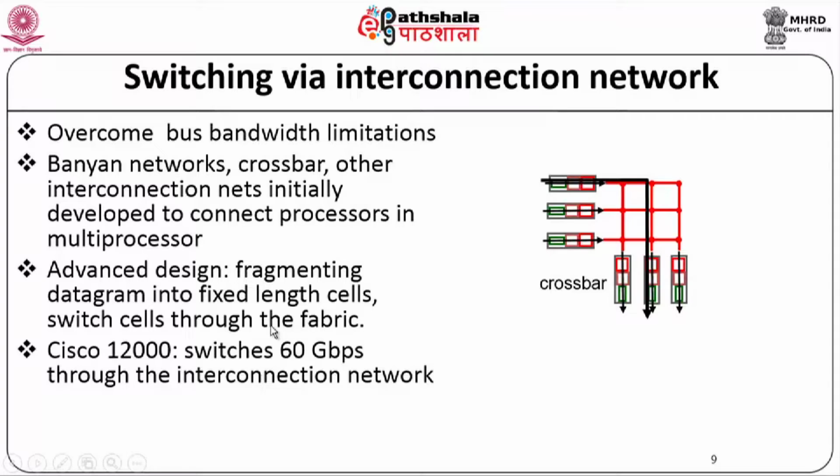So, sometimes in order to facilitate fast switching, your packets may be fragmented and then the switching could be done. Okay. So, the Cisco 12000 series, which is about 60 gigabits per second, uses the interconnection network and so on.